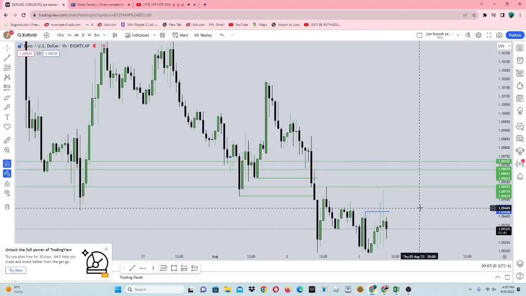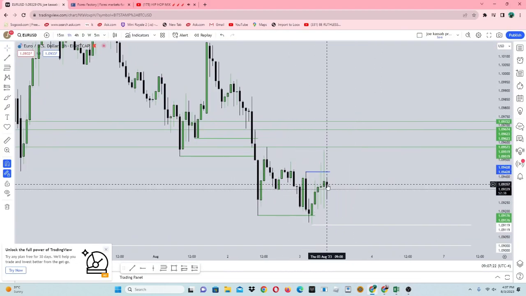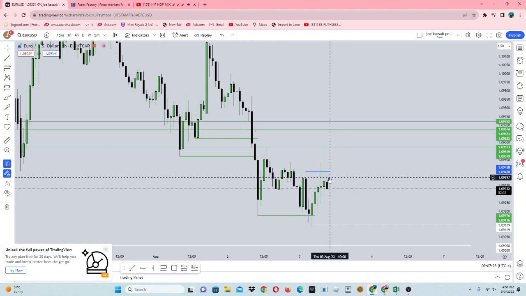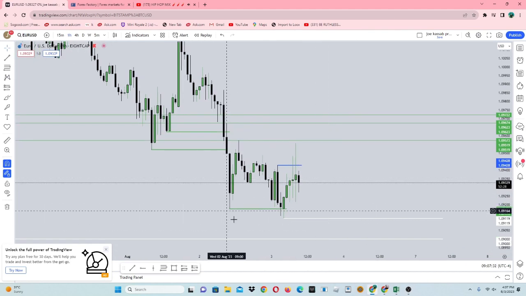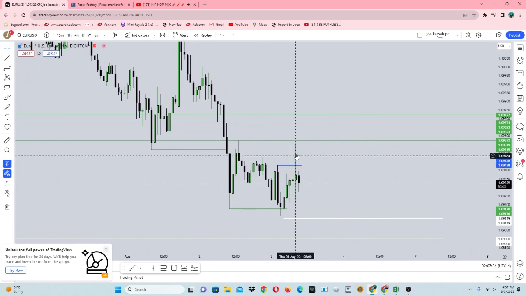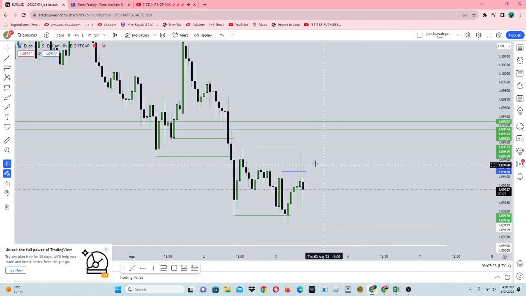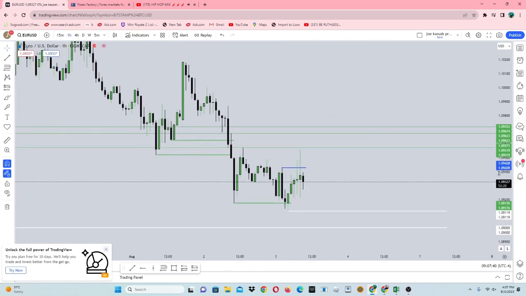If for example right here, this candle doesn't close below this low, I would anticipate a liquidity sweep of this high before we keep pushing lower. And today is taking liquidity from both sides, so I will not take a trade.